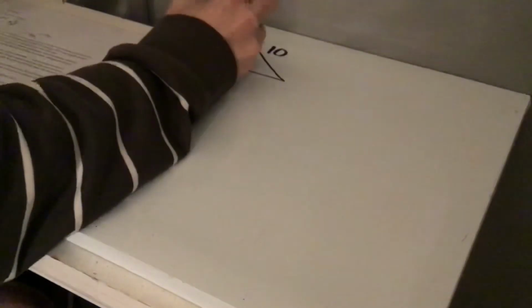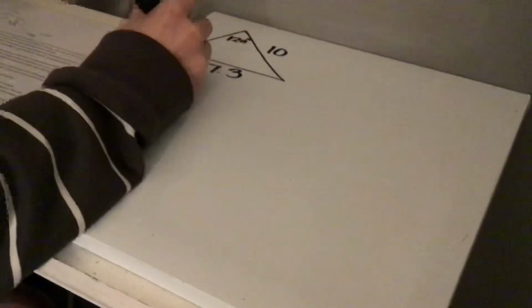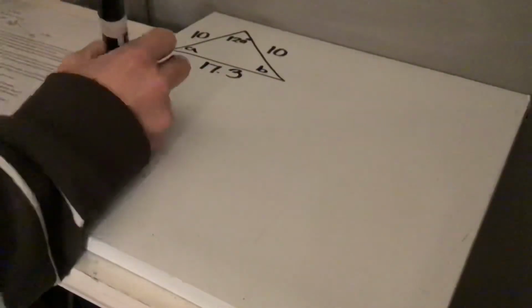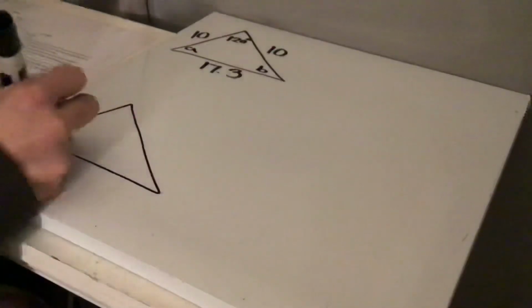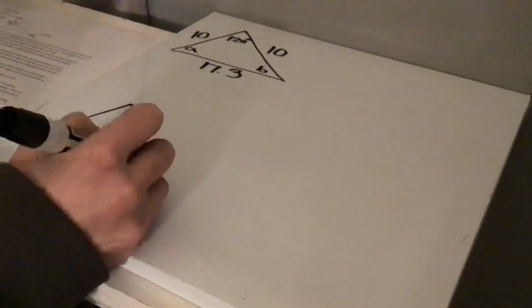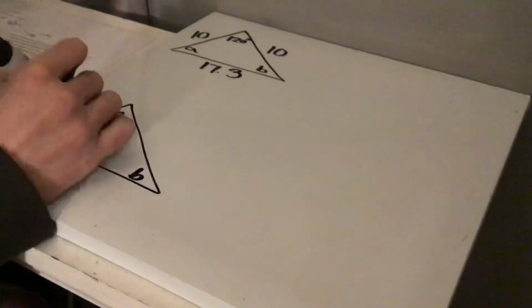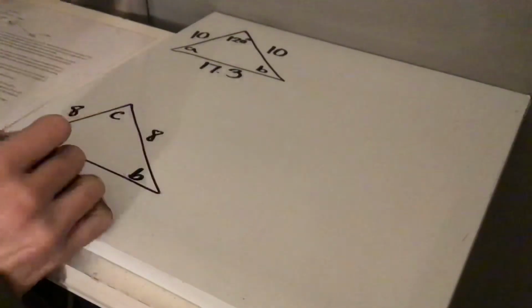This angle is 120 degrees, and then we're going to call this angle A and this angle B. Okay, it's the first one we want to solve. Then our second one here, we're going to say this is A and B again, and C here, and then all three sides are 8.